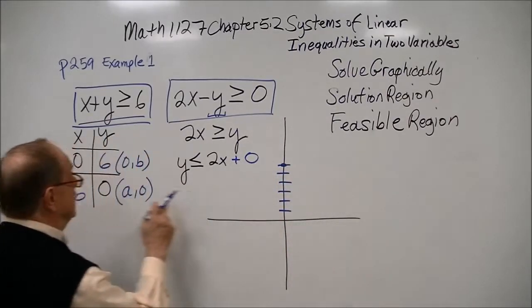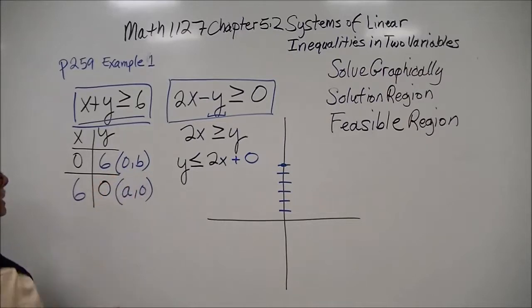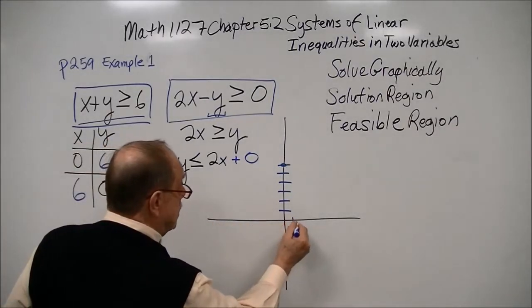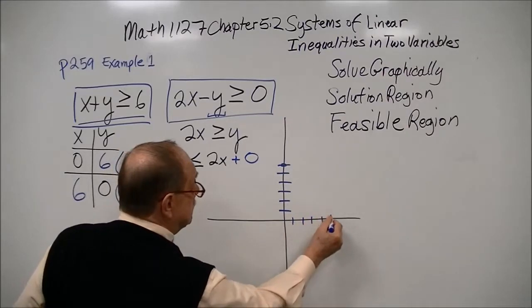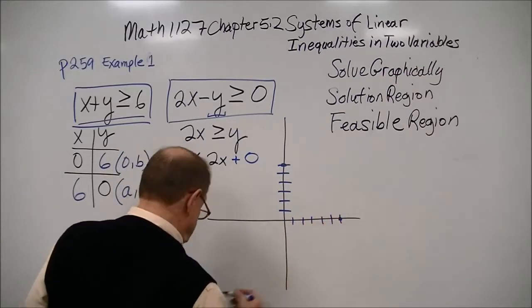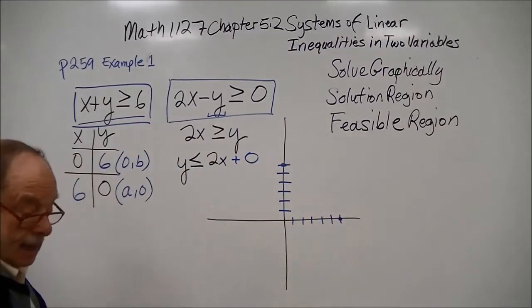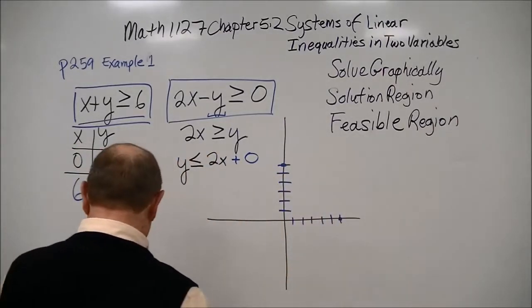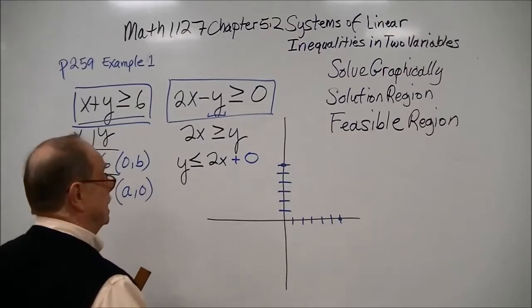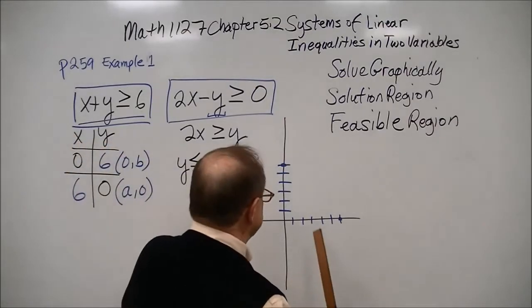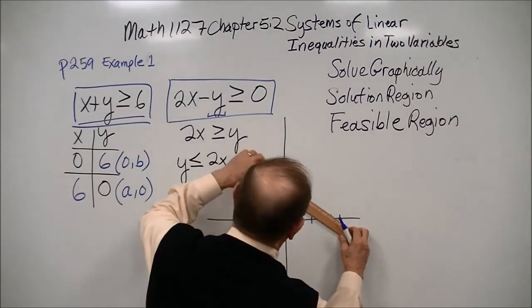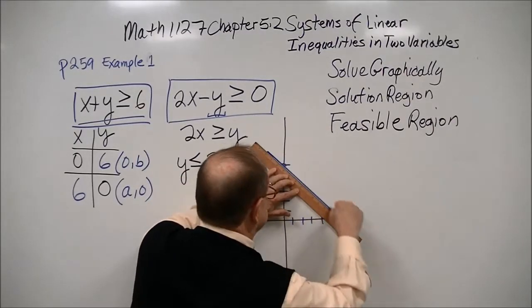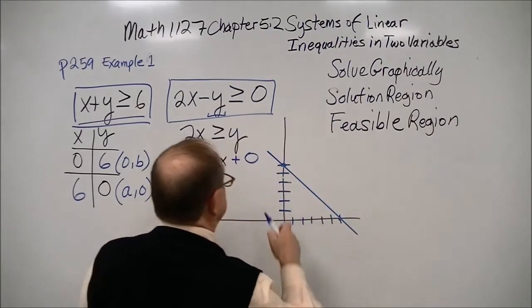A dot right there. There's our Y-intercept. Now our X-intercept is also 6. 1, 2, 3, 4, 5, 6. Now, today I brought a ruler so I could get some straight lines. So let's just draw that in. A little bit better than what I do.